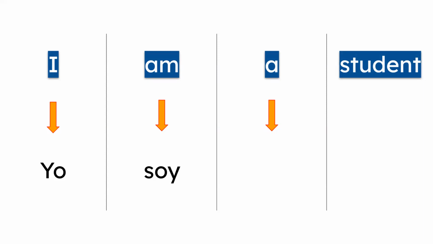Student in Spanish is estudiante. So the whole sentence would be yo soy estudiante. We can just ignore A, okay? So now please repeat after me. Yo soy estudiante. Very good.